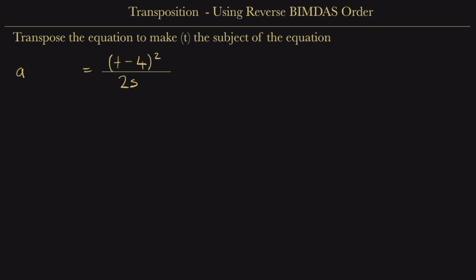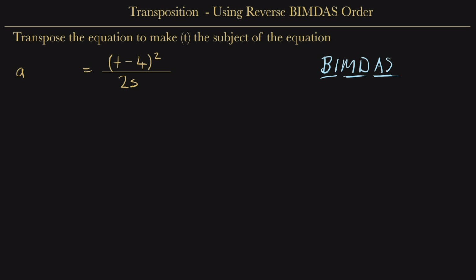So when we solve equations, most of you will probably know about BIMDAS, and that's an order of operations, meaning then we do multiplication and division, then we do addition and subtraction.